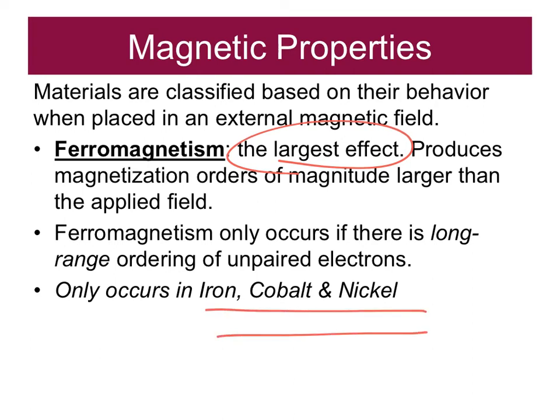Only those 3 atoms out of the 10 that we're looking at are going to experience this stronger response in terms of magnetism compared to the magnetic field applied in the first place. And this is possible due to the type of metallic bond where they have some long-ranged interactions, some delocalization that happens within these atoms that allows the electrons from different atoms to interact with each other.